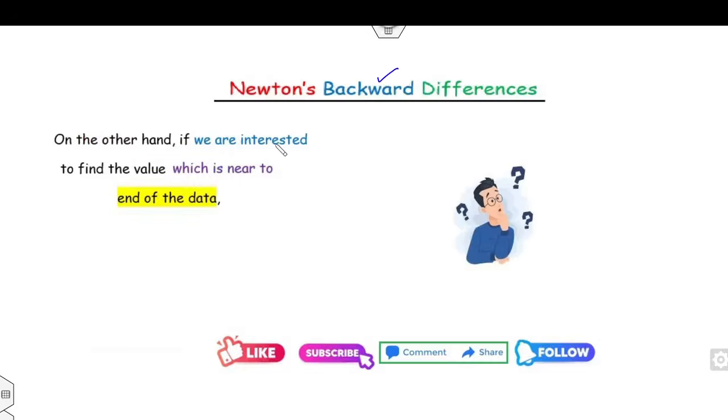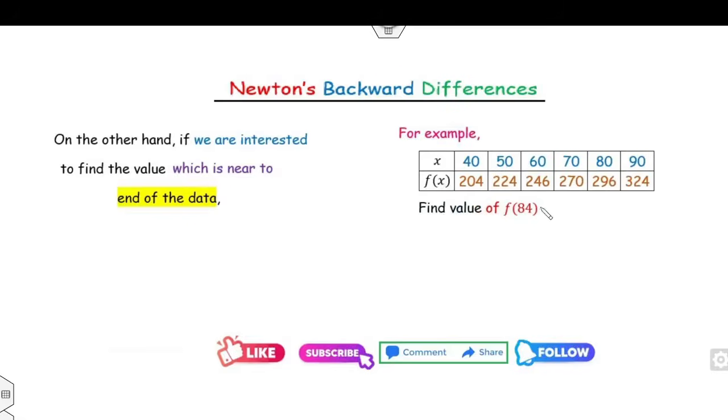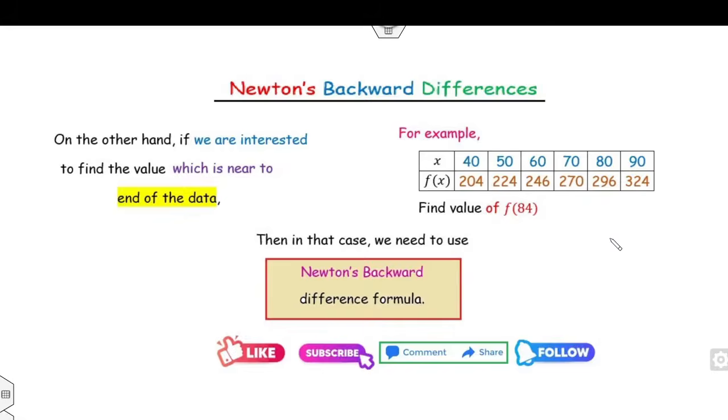So if you are interested in finding values near the end of the data, like 84, 95, 78 and so on, for that case we use the Newton backward difference formula.